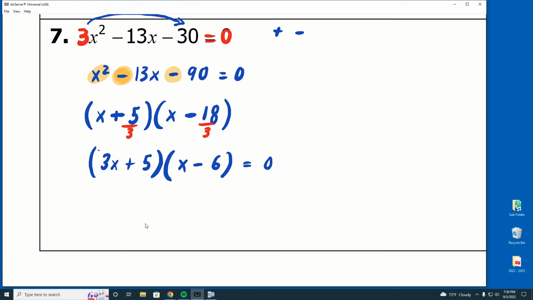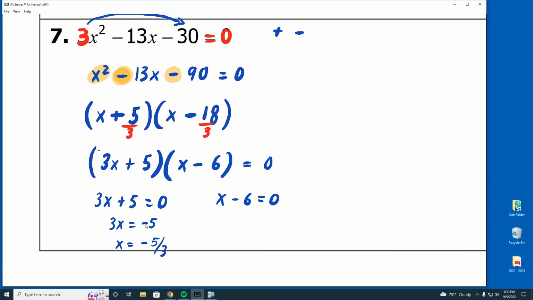So we take these factors, 3x plus 5, set it equal to 0, and we take the x minus 6 and we set it equal to 0, and now we solve. So first one, subtract 5, so 3x equals negative 5, and then divide by 3, x equals negative 5/3. Now again, if you don't understand that number, that is negative 1.6666 repeating.